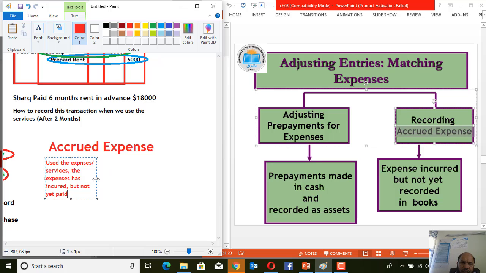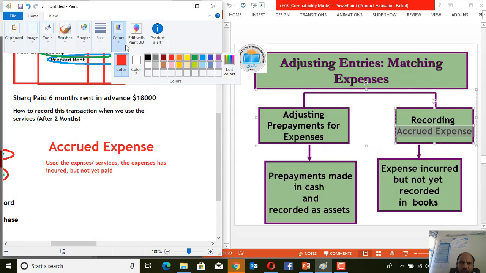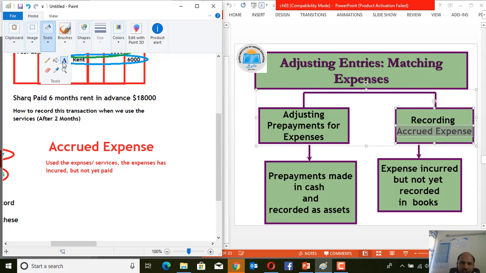We used expenses, for example the supplies or other things, but have not yet paid the money. Expenses have occurred but not yet paid. So this means that liability has increased. Now let's record this in the general journal.